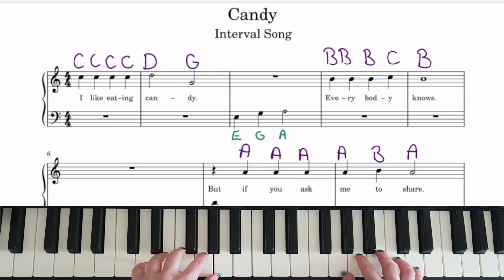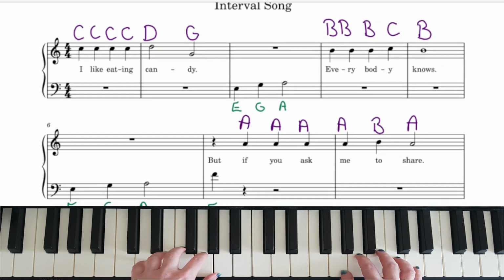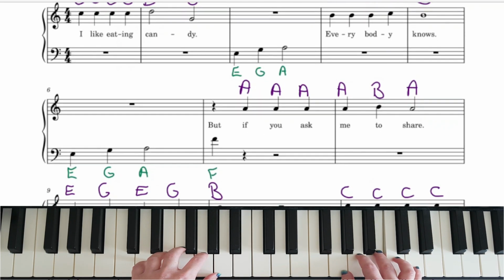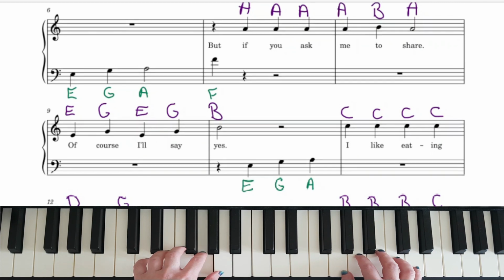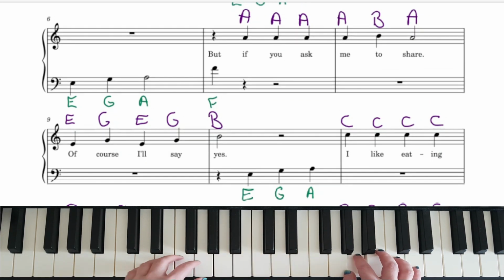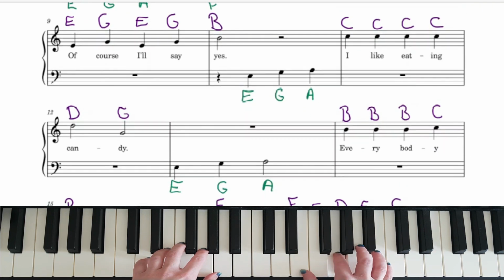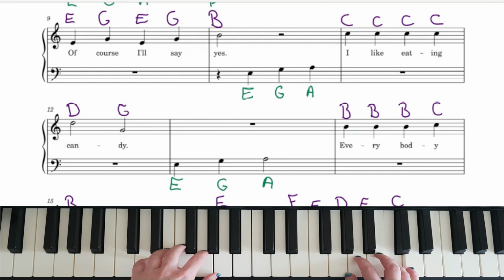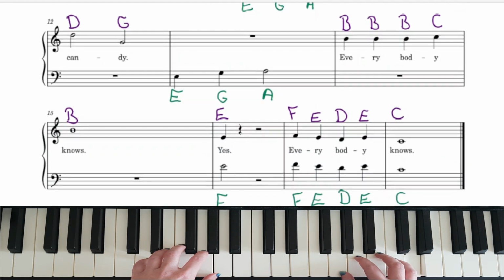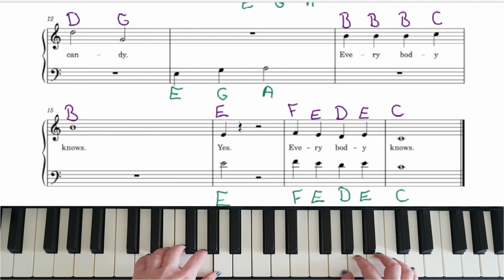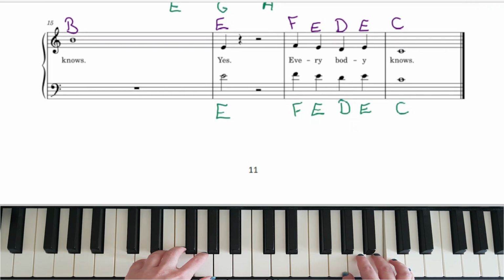C, C, C, C, D, 2, G, 4, left hand E, G, A, 4, B, B, B, C, B, 2, 3, 4, left hand E, G, A, 4, F, A, A, A, A, B, A, 4, E, G, E, G, B, E, G, A, C, C, C, C, D, 2, G, 4, E, G, A, 4, B, B, B, C, B, 2, 3, 4.